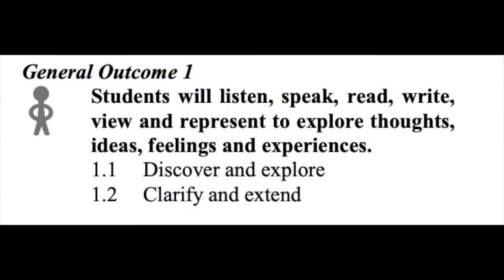So what does that mean? This is your talking, conversations, seeing their ideas, they're transforming, they're elaborating, they're active listening, they're discussing. It's all of those making connections, verbalizing their understandings. That's what this whole general outcome is about. So, what are some things that you can do for this outcome?